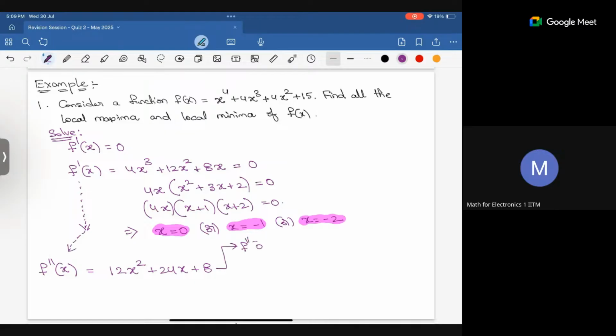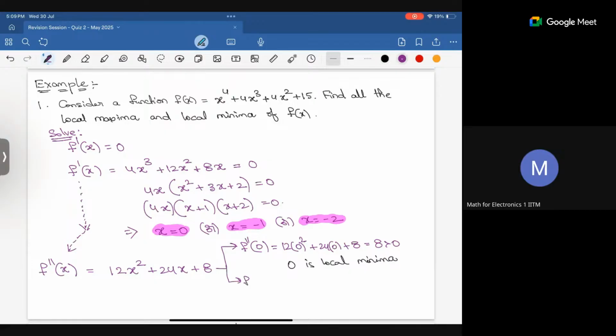So f double prime of 0 is 12 times 0 square plus 24 times 0 plus 8, which is 8, which is greater than 0. Therefore, 0 is a local minimum.